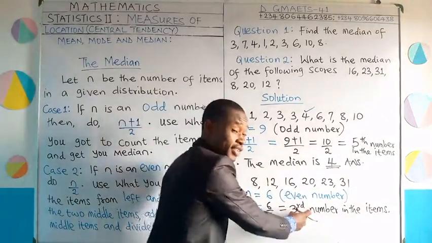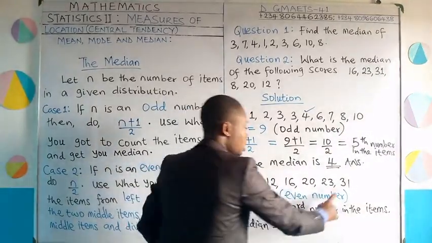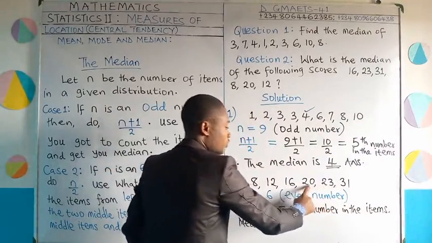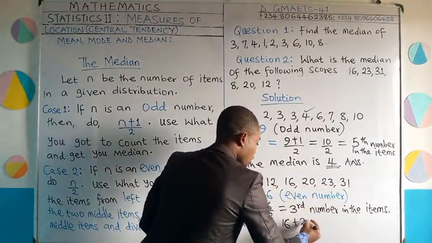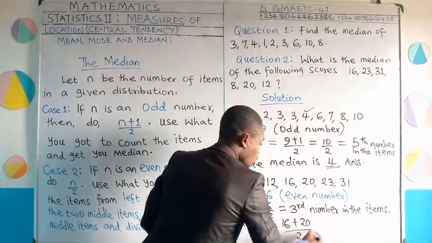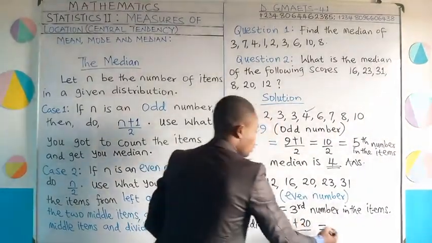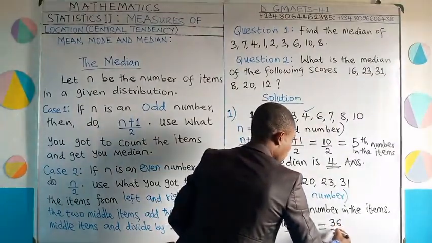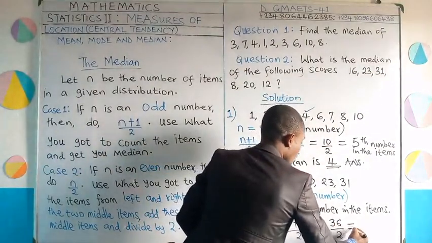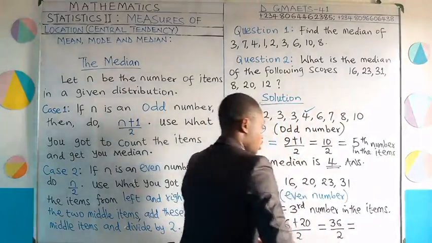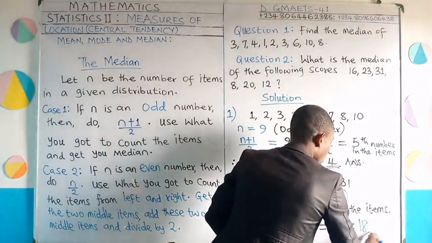Remember, you want to get the third number from right to left. Let's go. 1, 2, 3. That is 20. Then you divide it by 2. 16 plus 20 will give us 36, and 36 divided by 2 is 18. So the median is equal to 18.